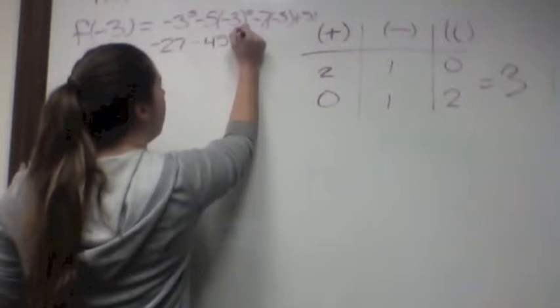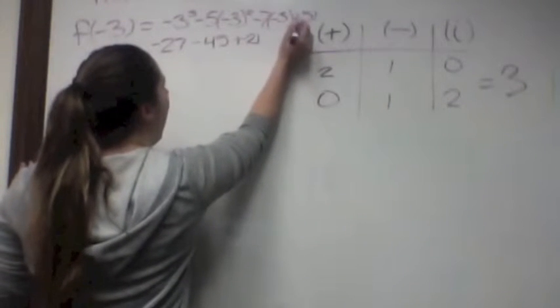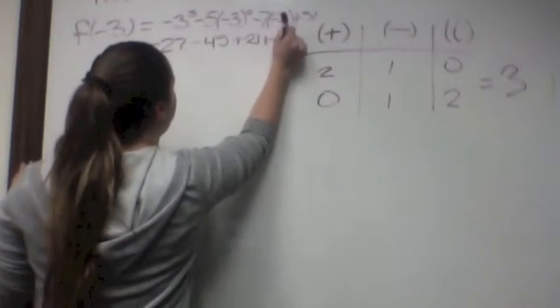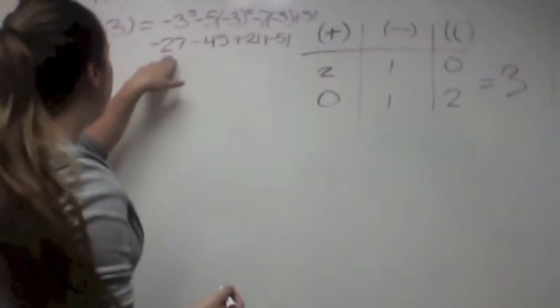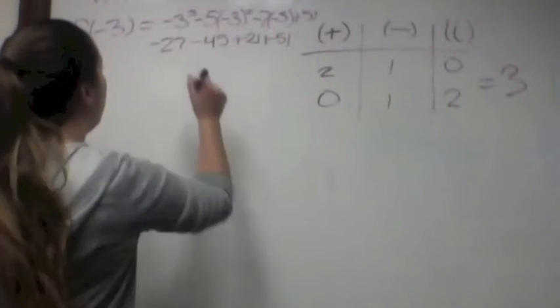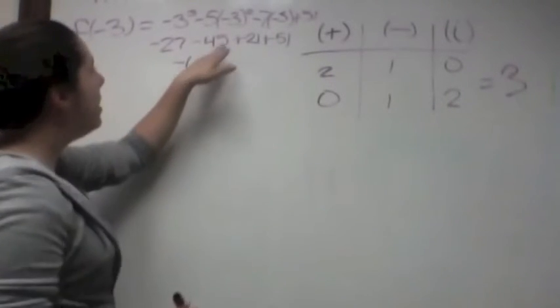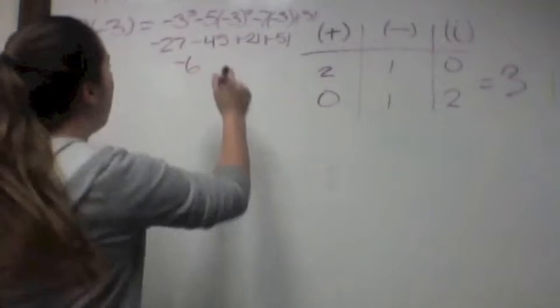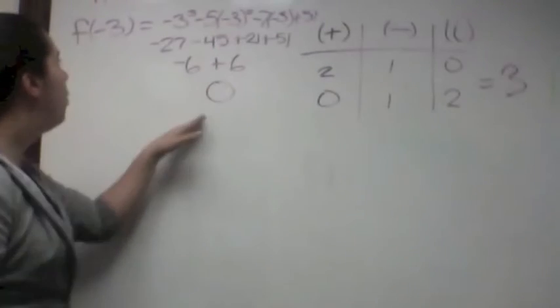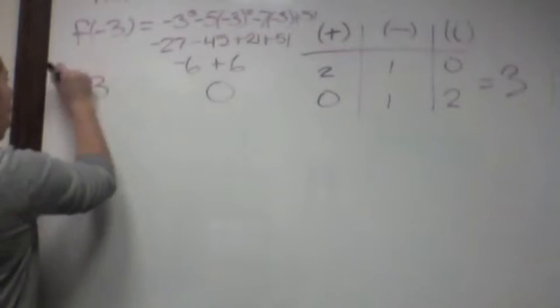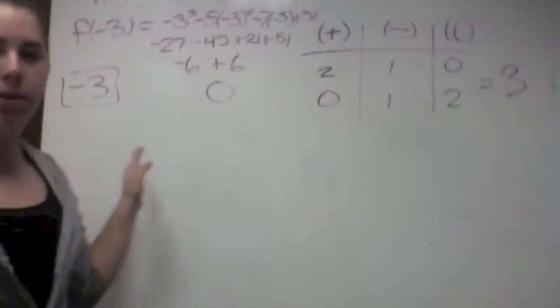Negative 7 times negative 3 is 21, plus 51. Now we add like terms: negative 27 and 21 equals negative 6, and negative 45 and 51 is positive 6. Negative 6 plus positive 6 equals 0. So negative 3 is going to be our first root.